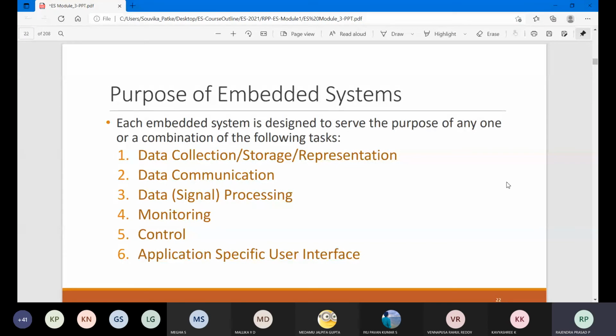Purpose of embedded systems: data collection, storage, representation, data communication, data processing, monitoring, control, and application specific user interface. These are the purposes of your embedded system, because there should be some purpose why you are building one. What is the output?